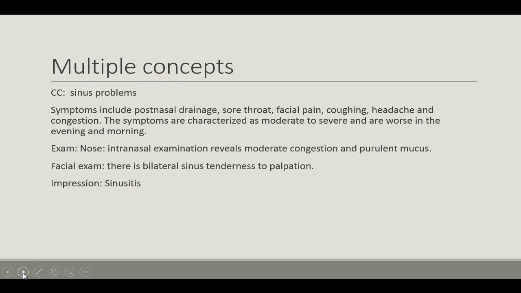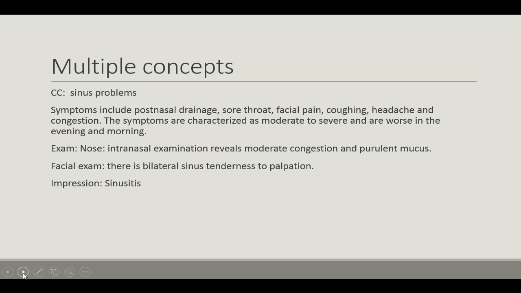Multiple concepts may be used in the same code in some cases. Providers need to know all the concepts they encounter most. Some codes require not only the transitory factor but also additional anatomic information. And here's an example for sinusitis. The chief complaint was a sinus problem.